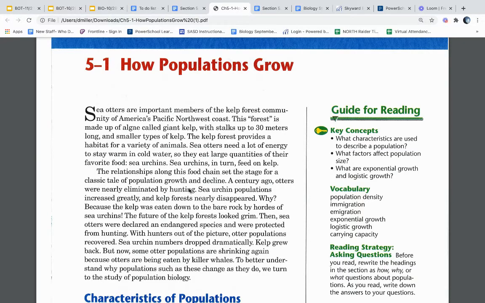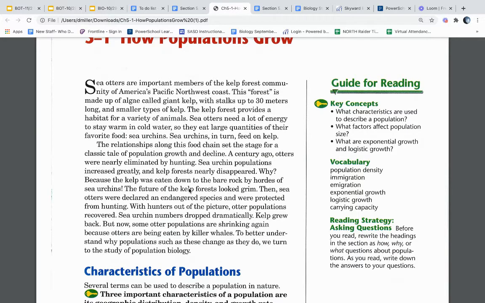The kelp forest provides a habitat for a variety of animals. Sea otters need a lot of energy to stay warm in cold water, so they eat large quantities of their favorite food, sea urchins. Sea urchins, in turn, feed on kelp. The relationships along this food chain set the stage for a classic tale of population growth and decline.